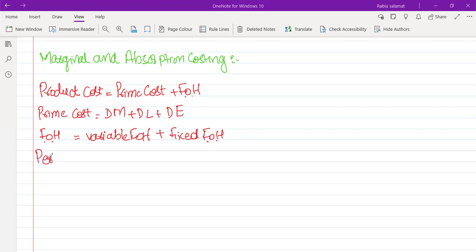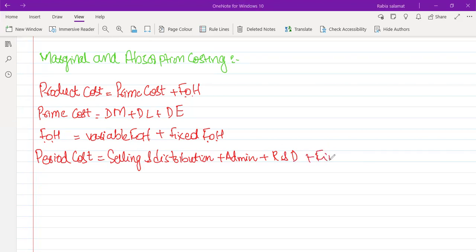Now, period cost. Period cost is equal to selling and distribution, administration, research and development, and finance.